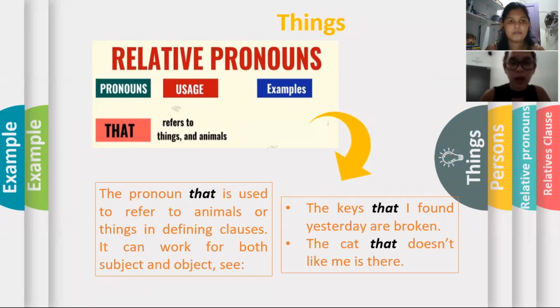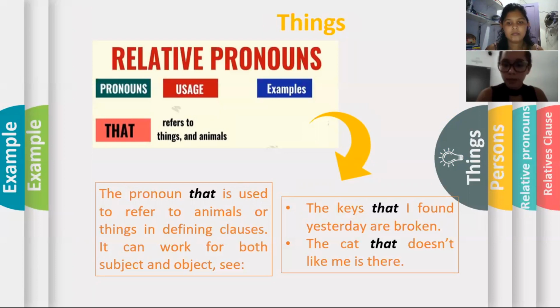Relative pronouns about things. The pronoun that refers to things and animals, and is used in defining clauses. It can work for both subject and object. So look, example. The keys that I found yesterday are broken. Another example.